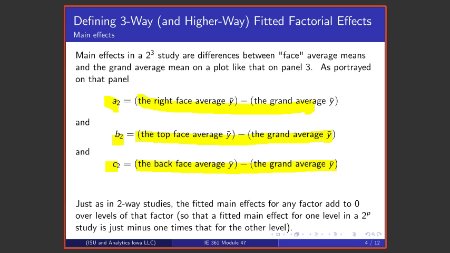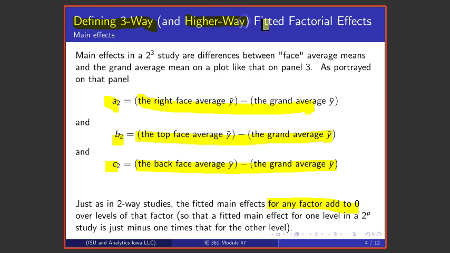By virtue of these definitions, fitted effects for any factor will add to zero. So A1 and A2 add to zero, B1 and B2 add to zero, C1 and C2 add to zero. That means that A2 is minus A1 or A1 is minus A2 and so on. Of course, I've just been talking in terms of a three-way factorial.